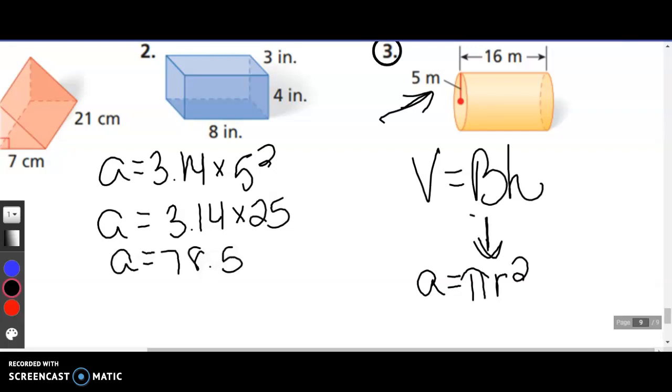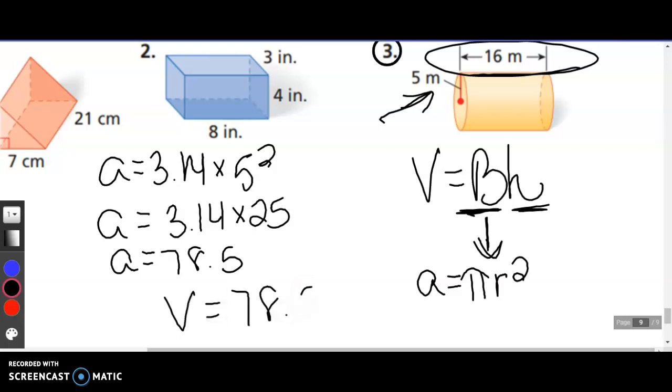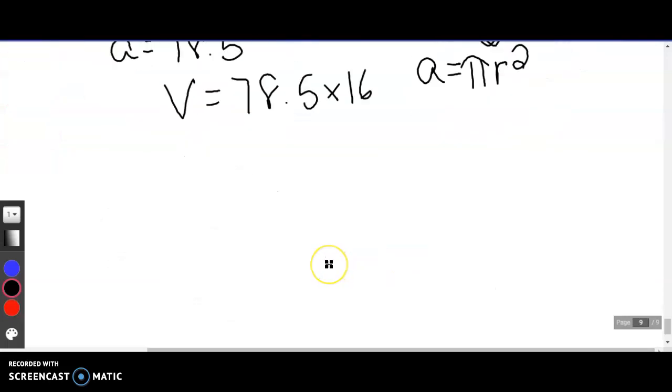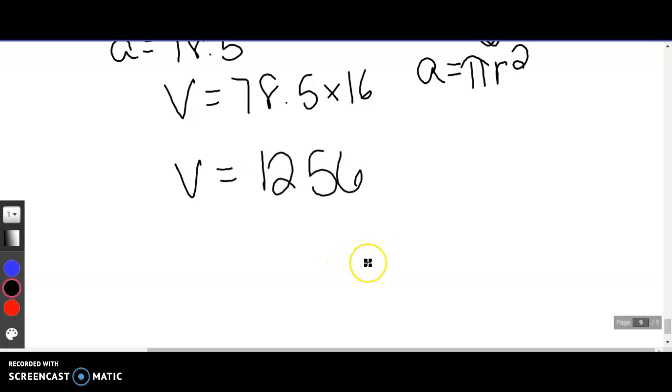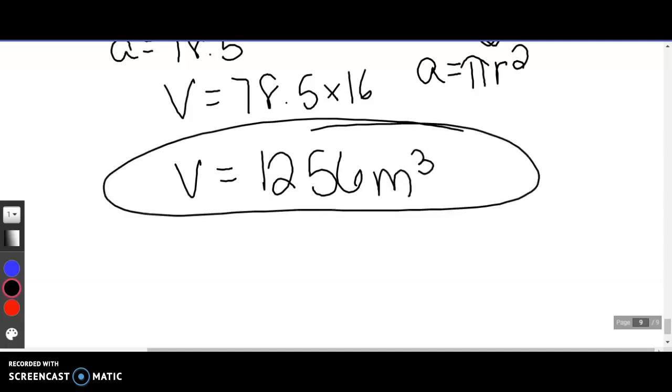So that's the area of the base. We multiply that by the height, which is 16. Even though it's on its side, the height represents the distance from one base to the next. So we do volume equals 78.5 times 16. And 78.5 times 16 equals 1,256. And then, of course, you give it a label. This was in meters, so it's meters cubed.